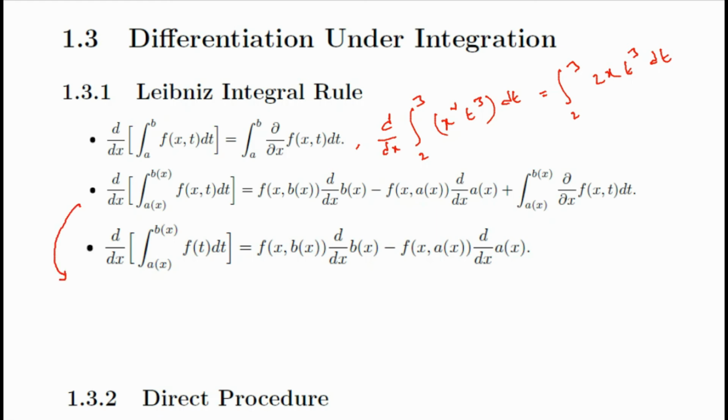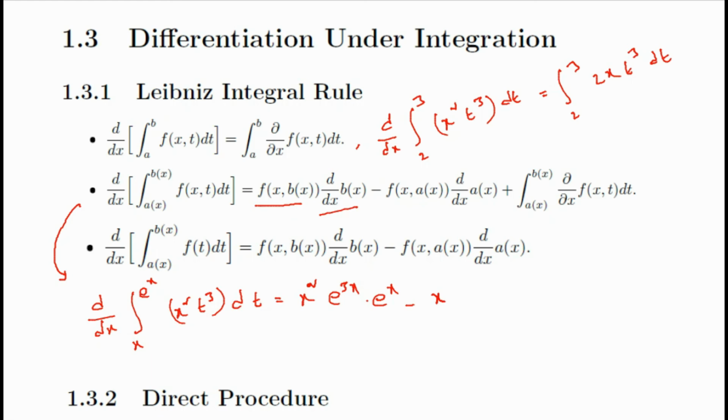Next is the second formula. Here the limit is variable, so let us take d dx of integral x to e power x of x square t cube dt. It equals f of x, e power x into d dx of e power x, minus f of x, x into d dx of x.